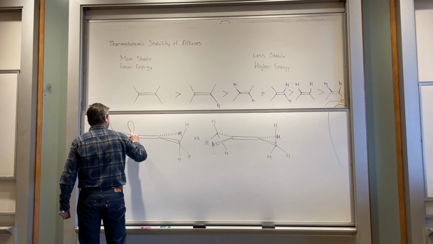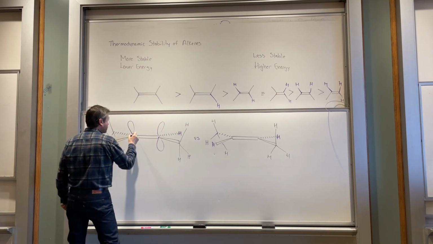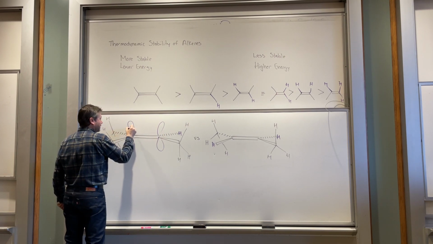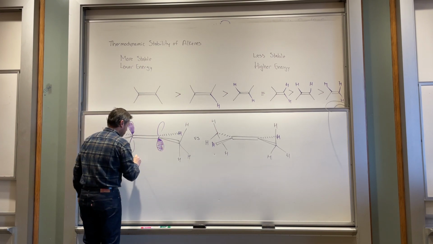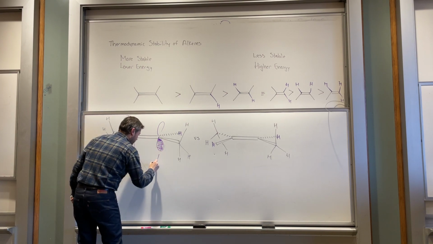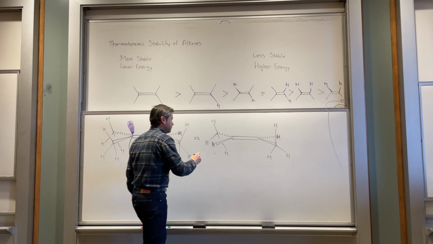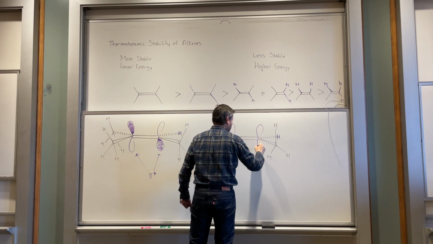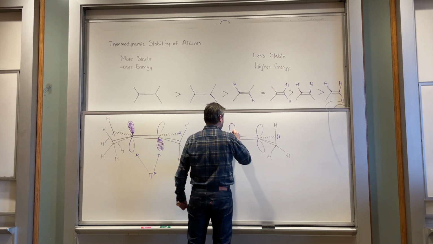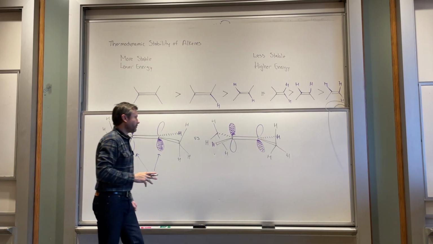So when we draw the pi star, remember pi star is going to be the out of phase combination of the p orbitals. Pi star in both of them.